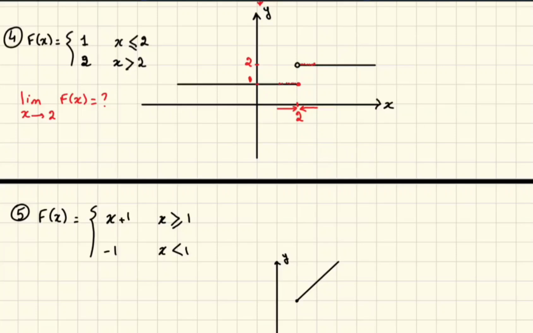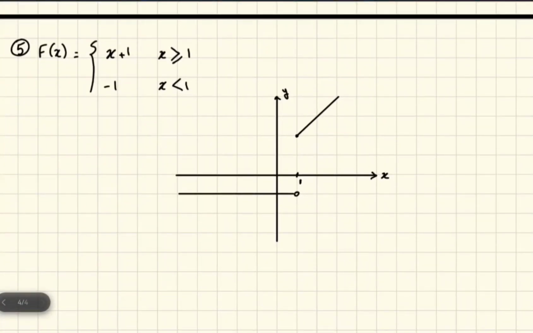Since these two numbers are not equal, in this case we say the limit does not exist. So the limit exists whenever I'm approaching an x value from the right and left side, and the function is approaching the same y value.